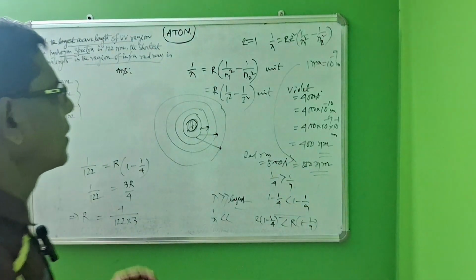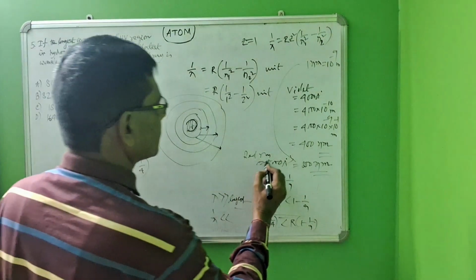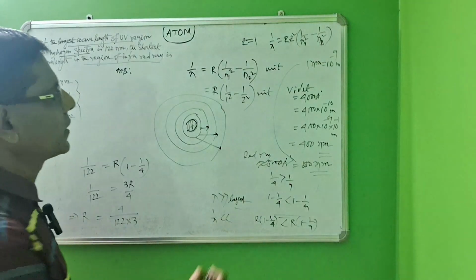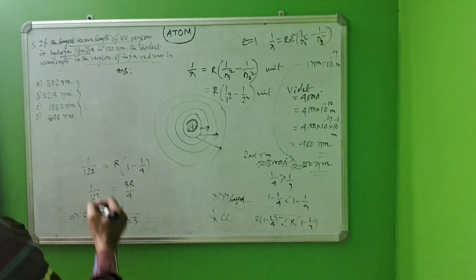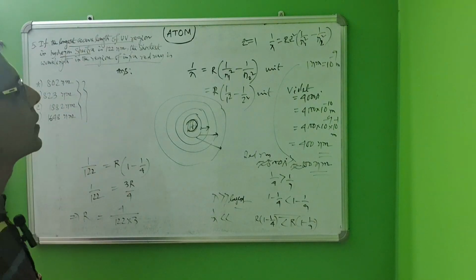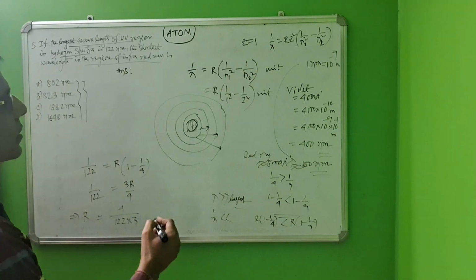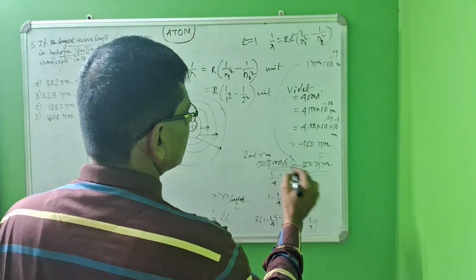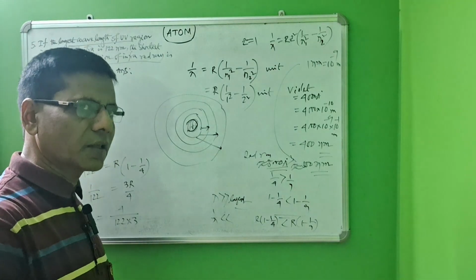So we can obtain a value which is roundabout or greater than 800, and shortest means the value will be closer to 800 nanometer and greater than 800 nanometer.